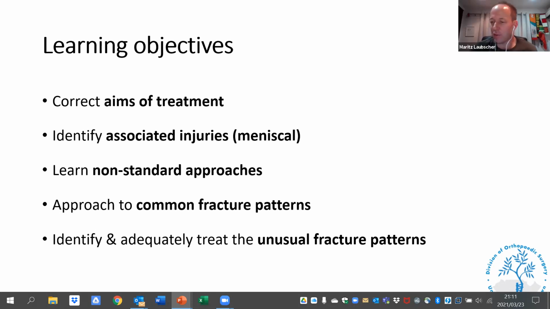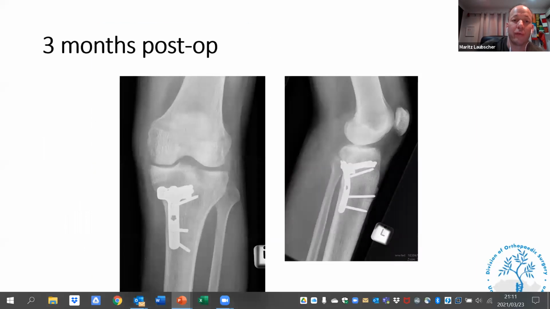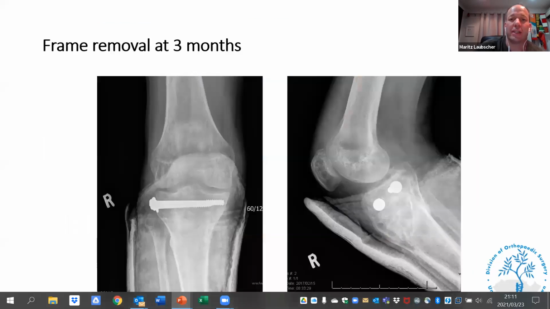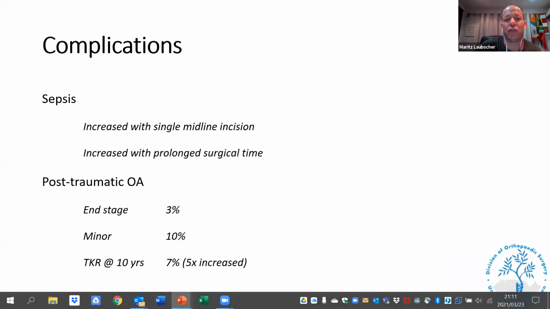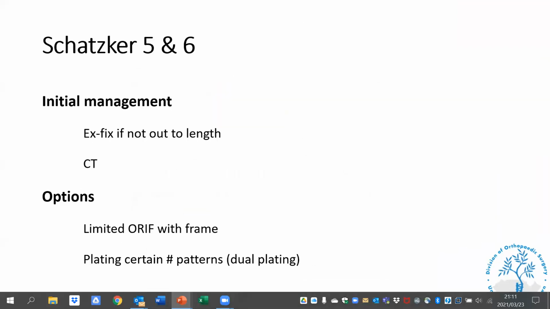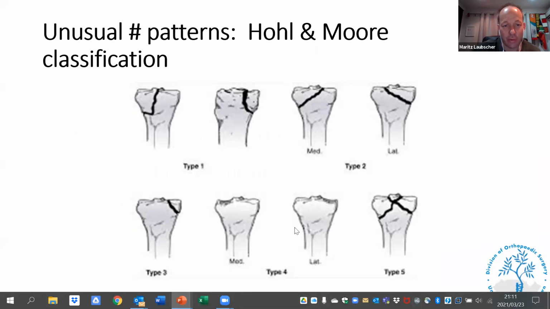I don't think so. Getting back to the Holland-Moore classification, it depends whether there's a multi-ligament injury. Because I know with 3s and 4s you get avulsions and all that. So these 3s and 4s are the sort of associated fractures that you sometimes see with multi-ligament knee injuries.